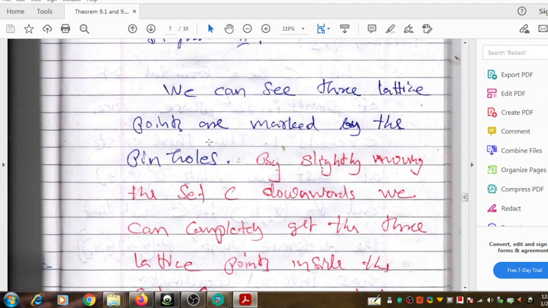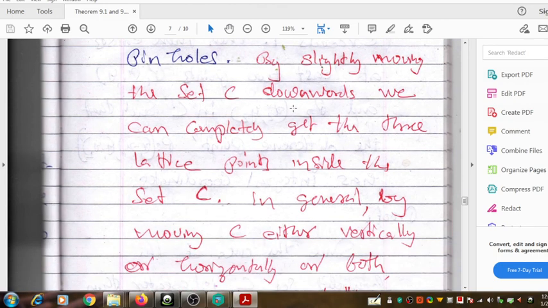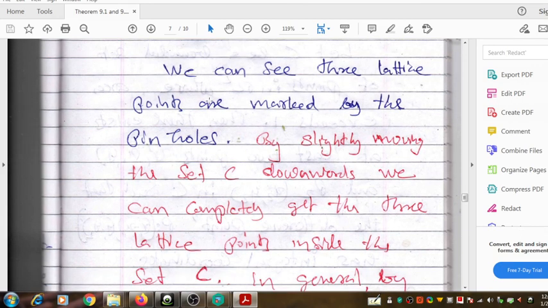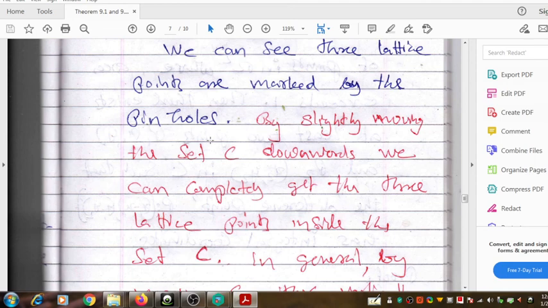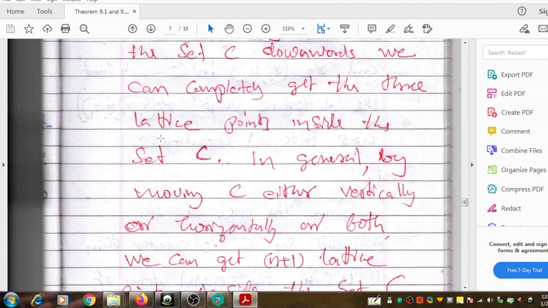So using these lattice points, we can see that the 3 lattice points are marked by the pinholes, and by slightly moving the set C downwards, and it is due to the presence of some of the lattice points on its boundary. You can slightly adjust C downwards, then we can completely get the 3 lattice points inside the set C.